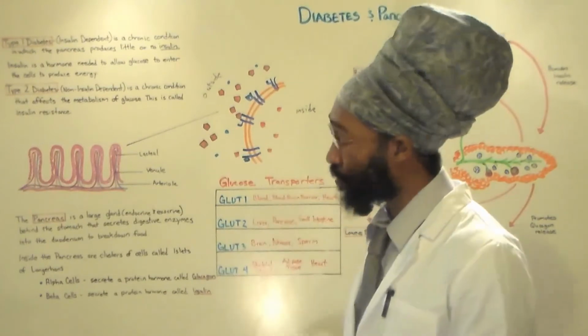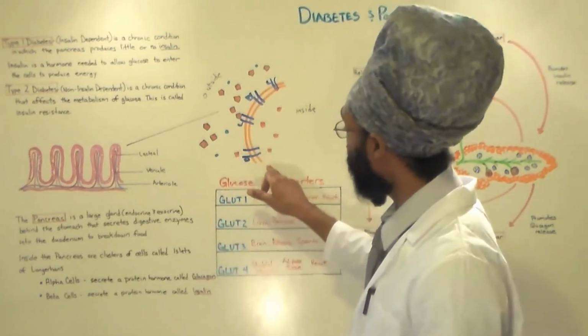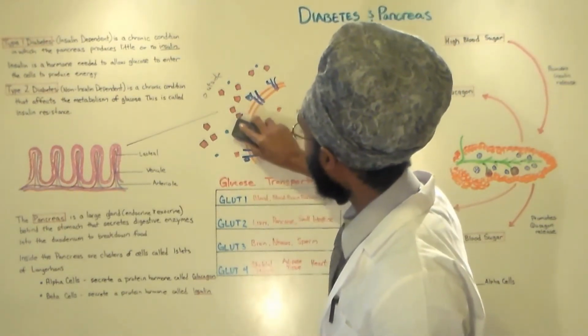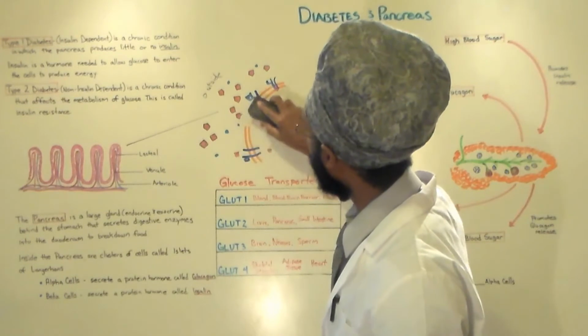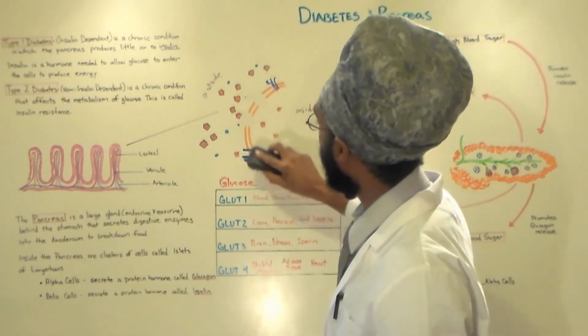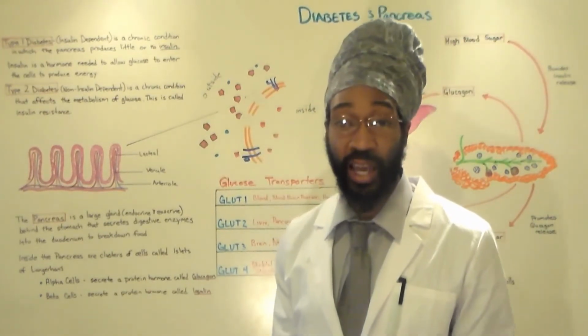But the problem here in type 1 is that these cells are missing their insulin receptors. There's only a few of them. So if they're missing the insulin receptors, the insulin can't find it.